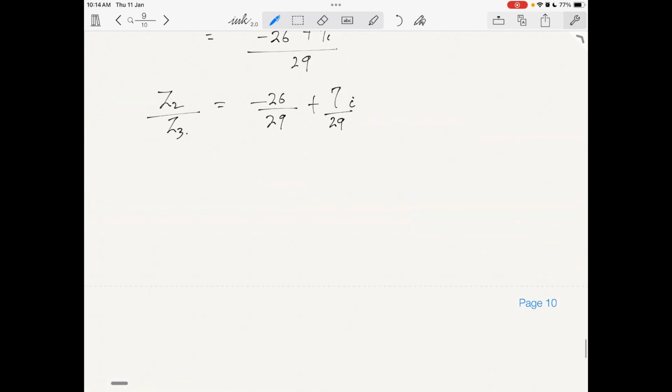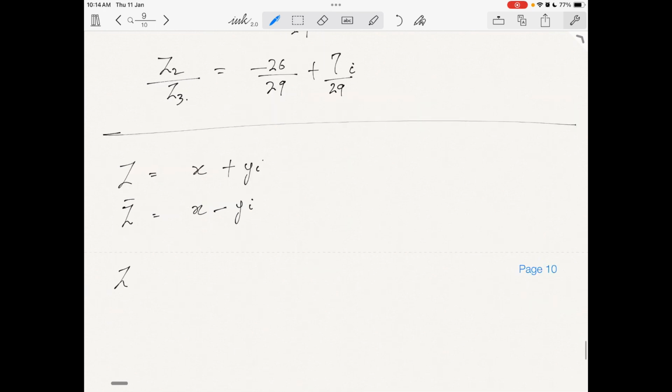Now what's that? So let's analyze that. Let's say we have a complex number Z equals x plus yi, and obviously the conjugate will be to change the sign here to negative, so it's x minus yi.